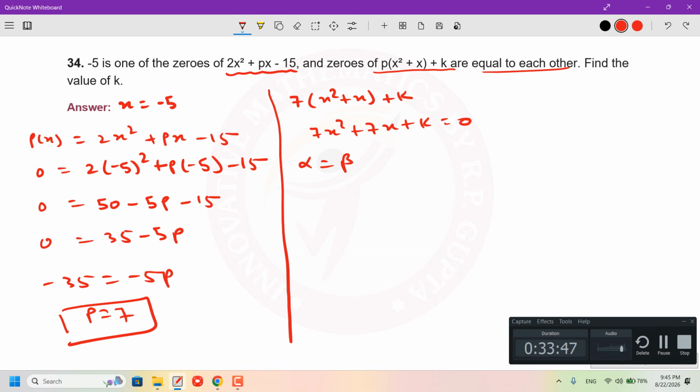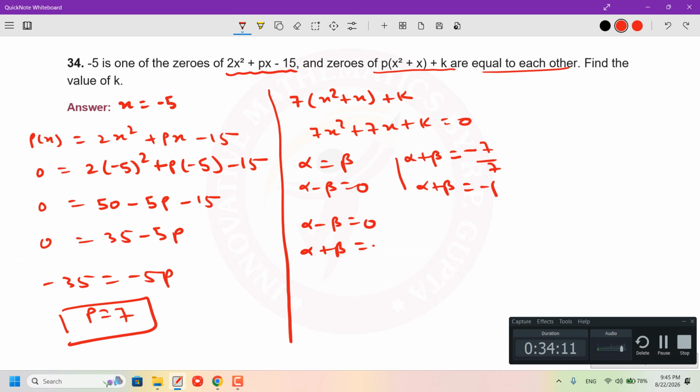Find k. So when alpha equals to beta, then alpha minus beta equals to 0, and alpha plus beta is equals to minus 7 upon 7. So alpha plus beta equals to minus 1. So alpha minus beta equals to 0 and alpha plus beta equals to minus 1.